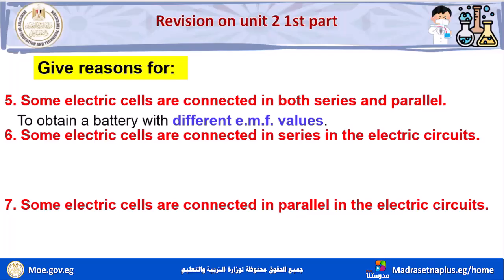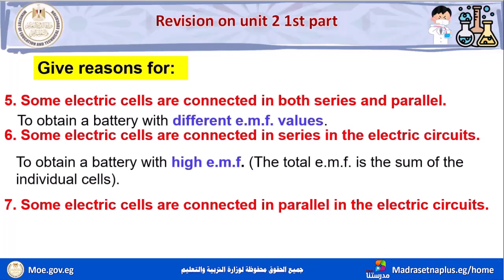Some electric cells are connected in series in the electric circuits when we want to obtain a battery with high electromotive force, because the total electromotive force is the sum of the individual cells.